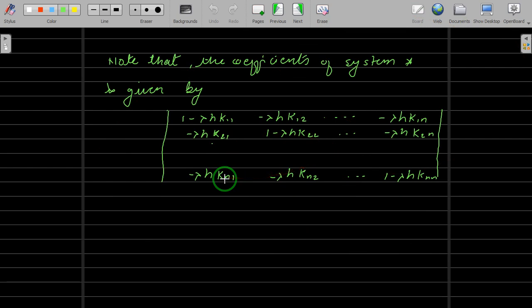Okay? So let us denote this by, as we denoted earlier, D(lambda), and here as the value of n changes our determinant will change, so let us write this as D_n(lambda), right?